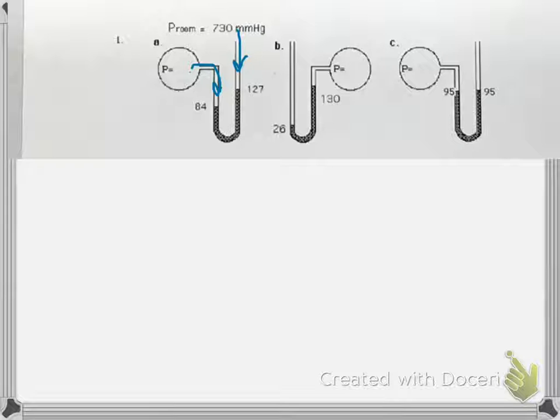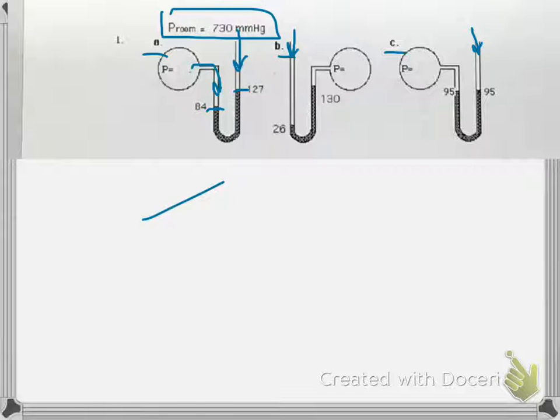So for all three of these questions, the pressure outside, the pressure on the exposed side, is the room pressure, the P room. So that's 730 mmHg. Now in A, we have our manometer, and it's at 84 on one side and 127 on the other side.